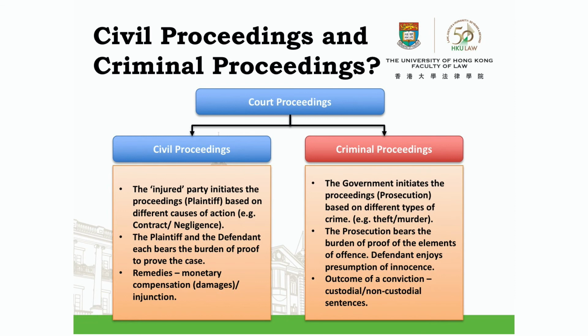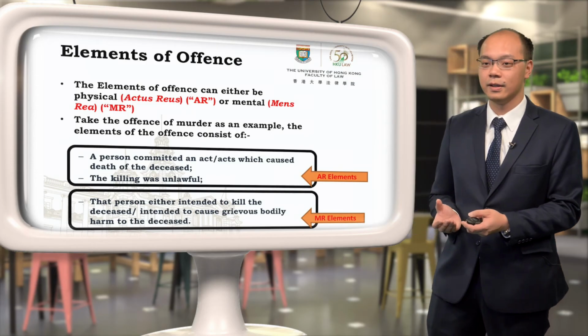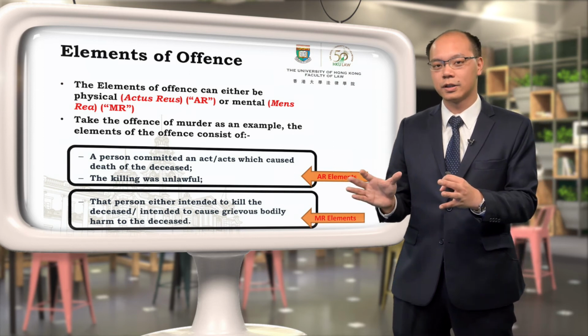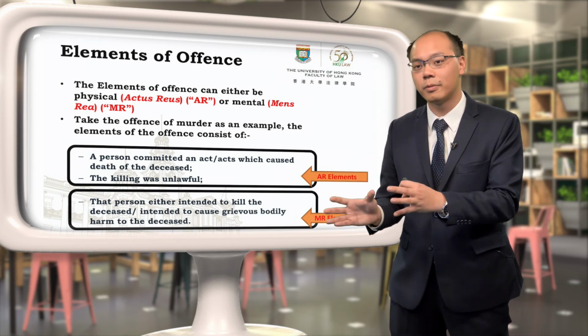So examples of custodial sentences would be imprisonment, detention center order, and when it comes to non-custodial sentence options, fine, community service order, or probation order are some common types of non-custodial sentences. Right, so as I said, we're going to focus our discussion on criminal proceedings.